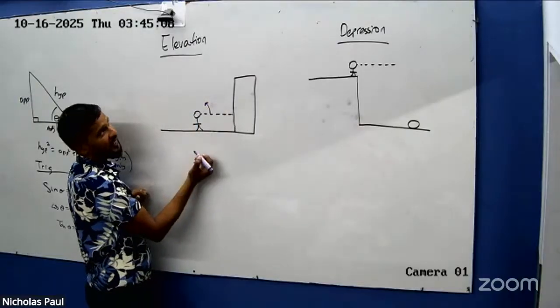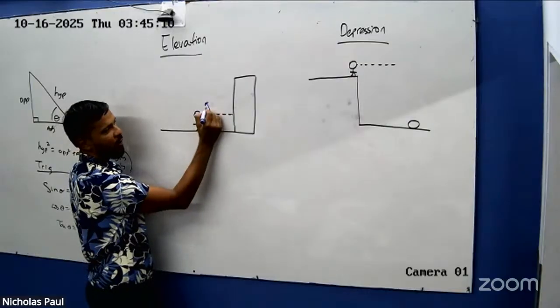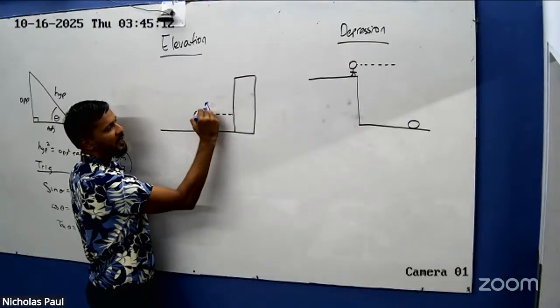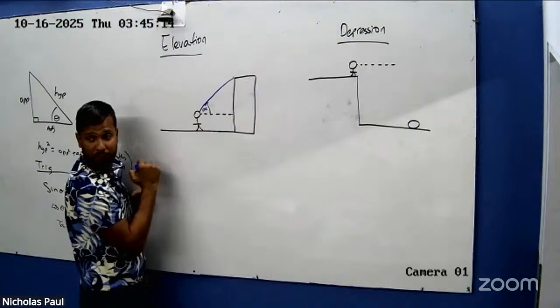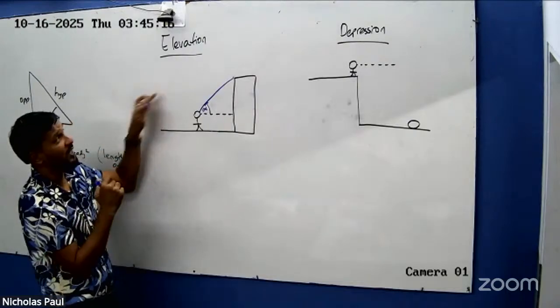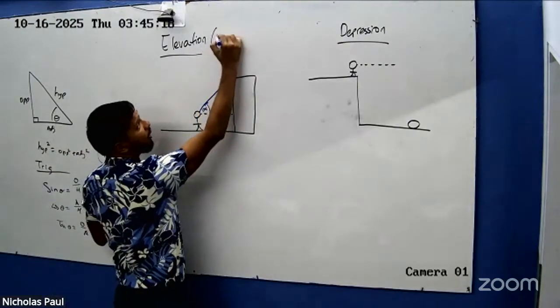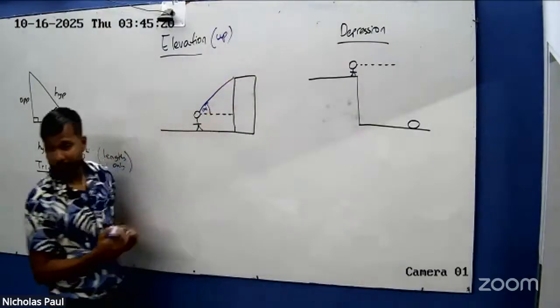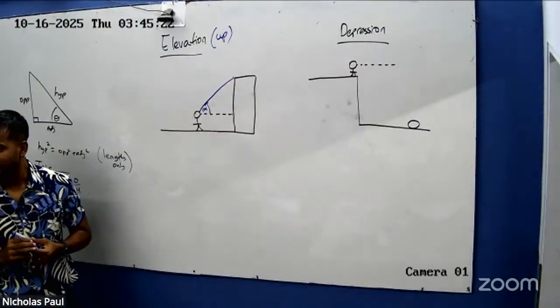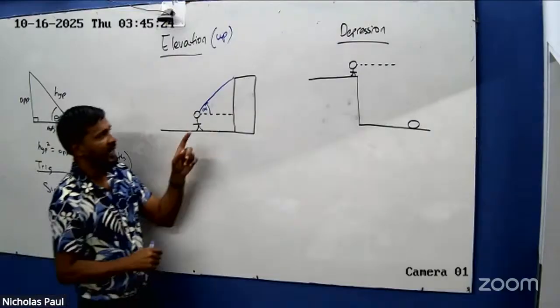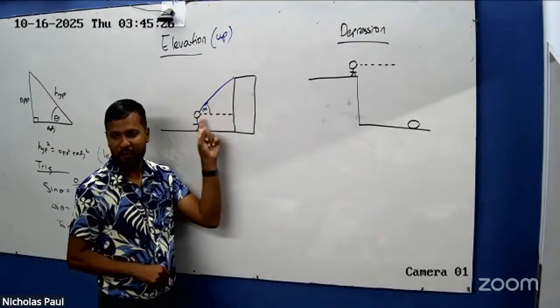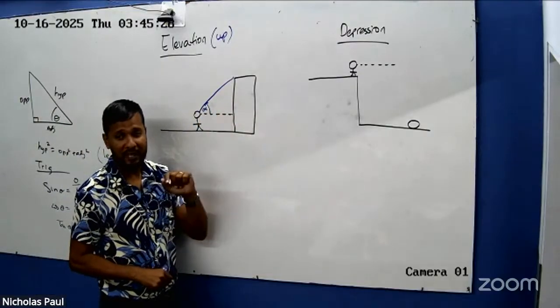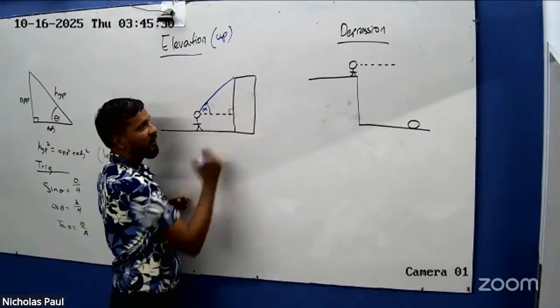If I call the angle of elevation alpha, it means Michael is looking up like that. So elevation basically is looking upwards. Anybody recognize what shape this creates? A right angle triangle, because here will be a right angle.